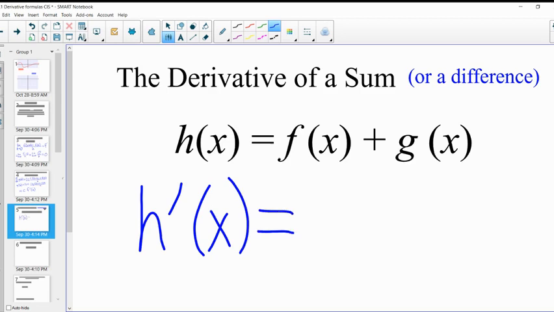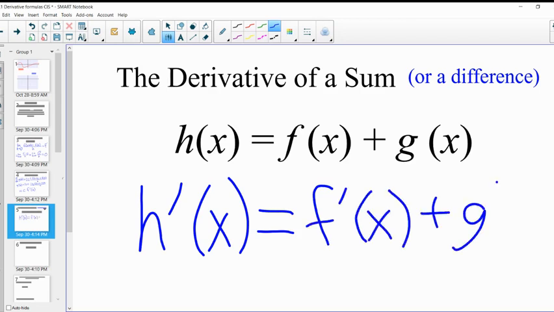If I have a function that is two different things added together, I am allowed to treat them both separately and just do the derivative of the first plus the derivative of the second. And again, if you want justification for why that is a thing, there is a write-up in the book, and I'd be happy to do it individually, but I think I'd rather take more time on the next one.